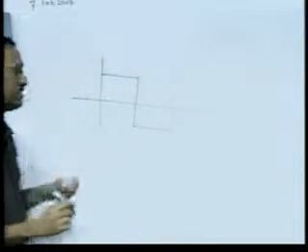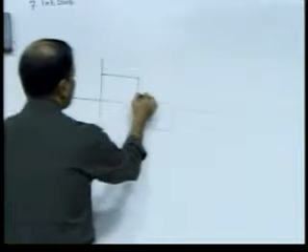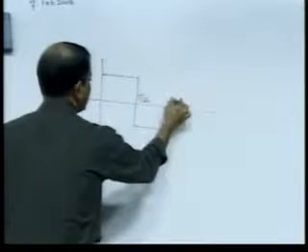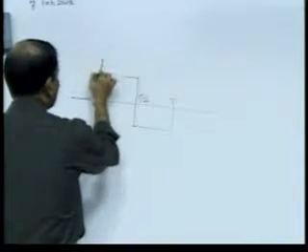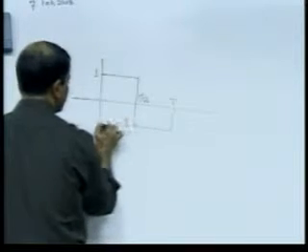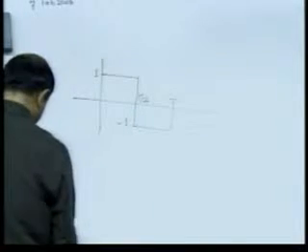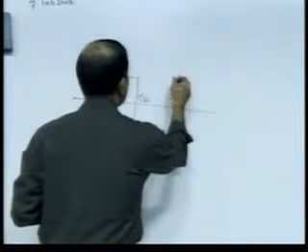Suppose we have a function of the following nature. It is 1 for the first half interval of T by 2 and minus 1 for the second half interval of T by 2. And it is periodically repeated after that.